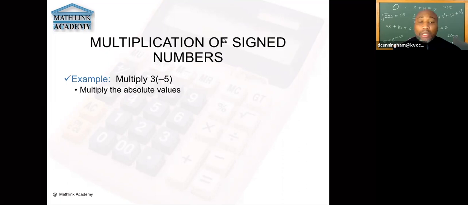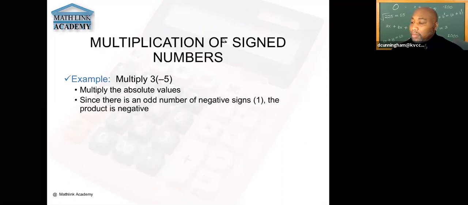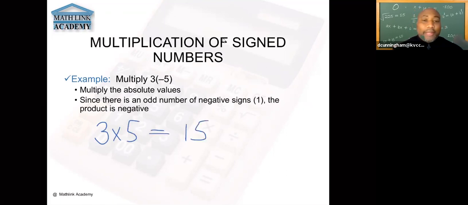So basically just multiply 3 times 5, which is 15.